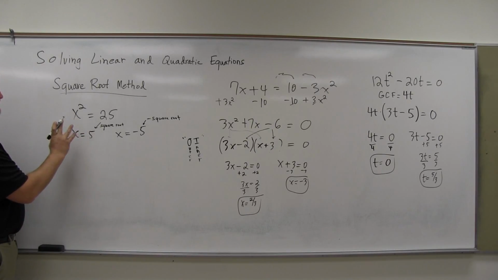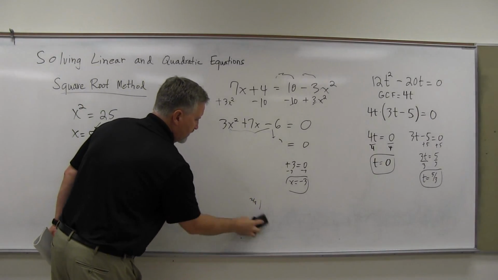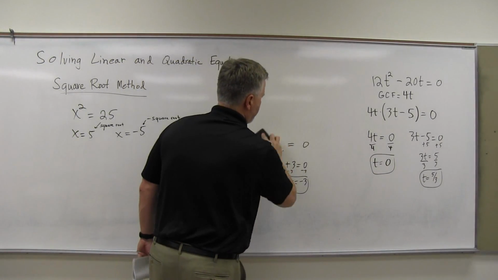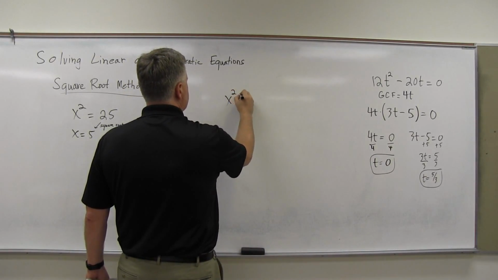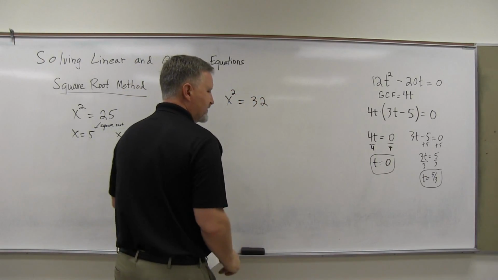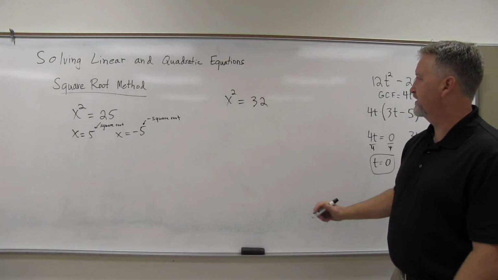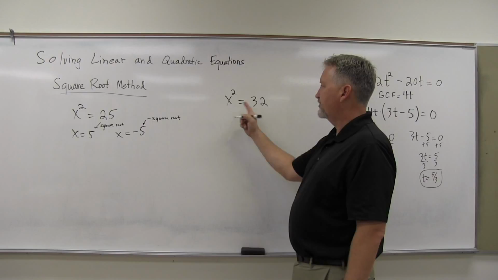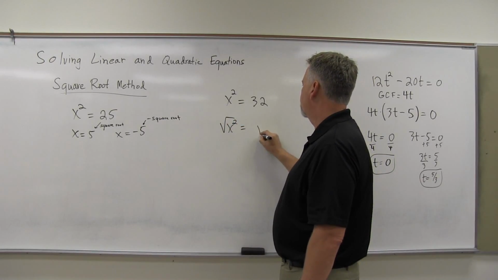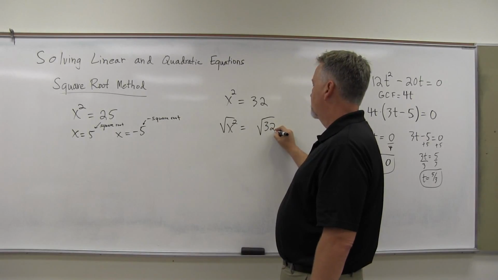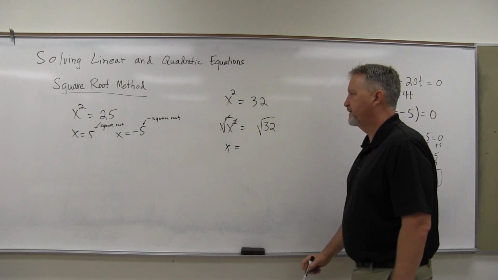What we want to do then is, when we come to an equation like x squared equals 32, well, 32 doesn't have a nice square root, but it's really the same idea, because essentially what I want to do here is square root both sides, and you think of that as canceling.